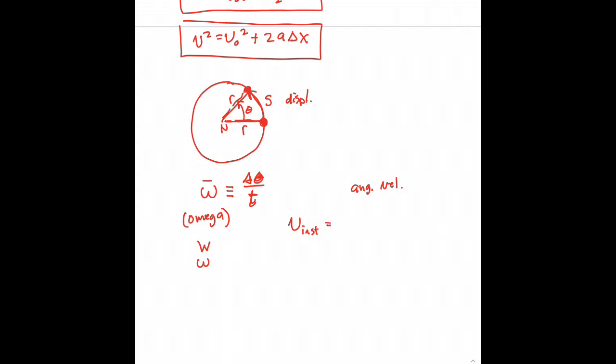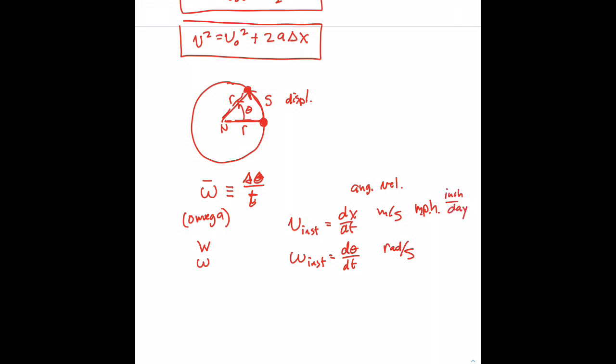Instantaneous velocity is dx dt. Instantaneous angular velocity is d theta dt. So just as the units for velocity are meters per second, the units for angular velocity are radians per second. Now there are some alternative units. Sometimes we talk about miles per hour, or you can have something like inches per day.